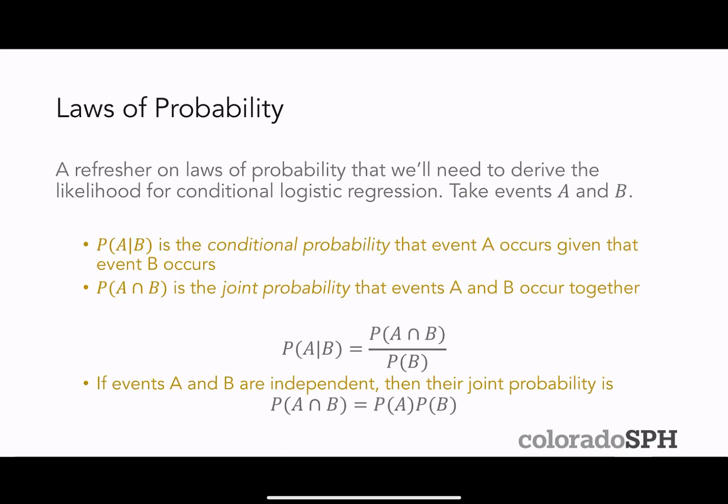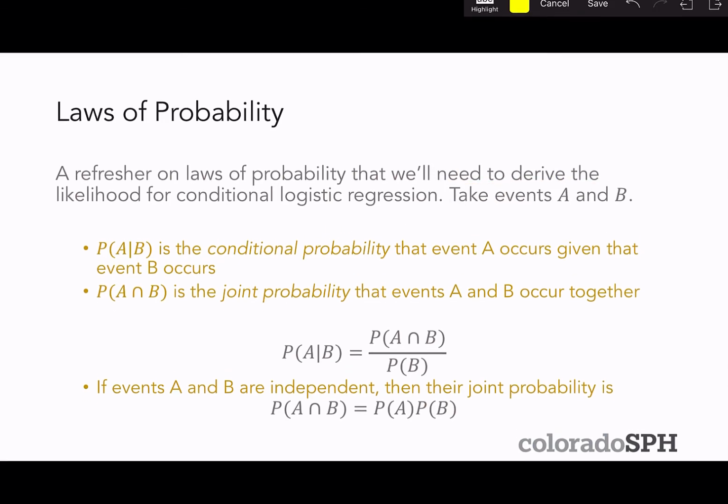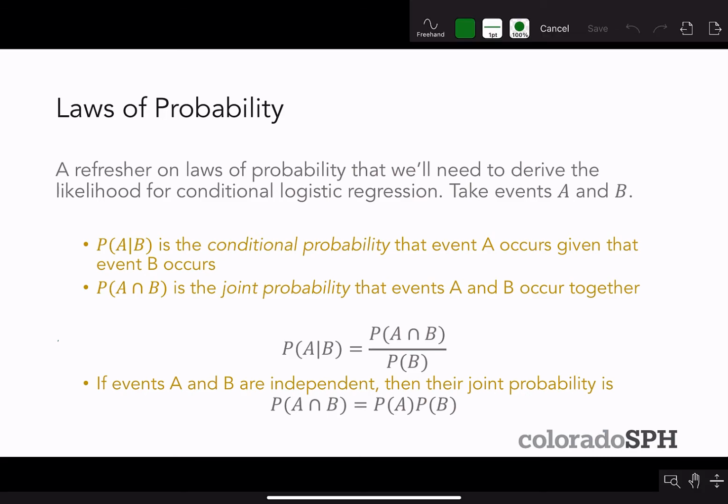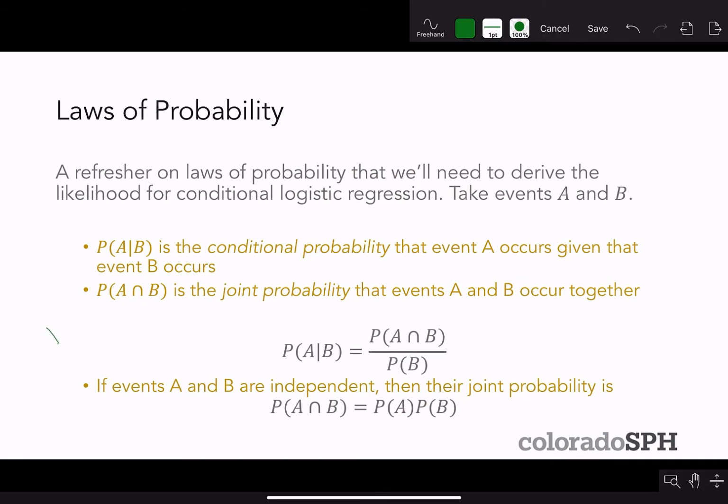And I'm going to review a couple of the laws of probability because these are going to come up in the next lecture when I derive the likelihood for conditional logistic regression. So take events A and B. The notation probability A given B is the conditional probability that event A occurs given that event B occurs.